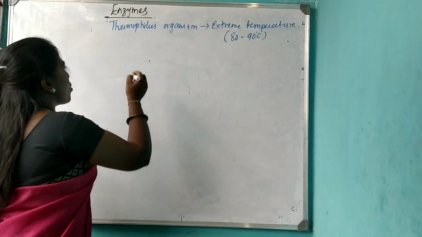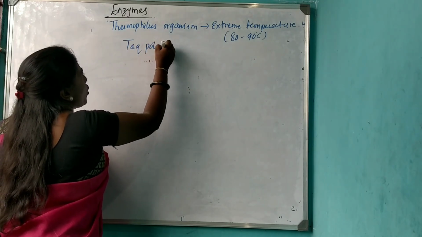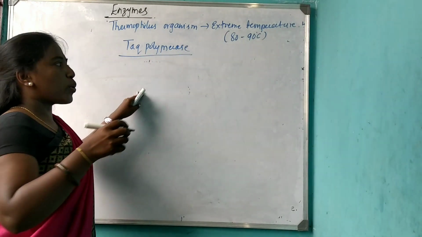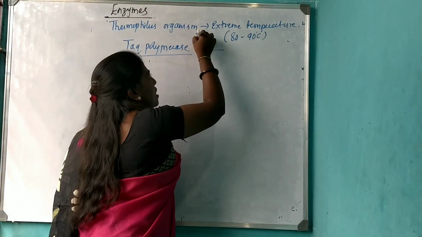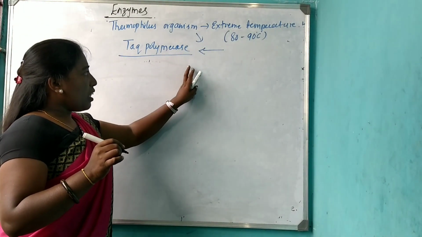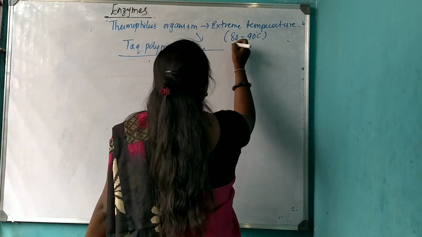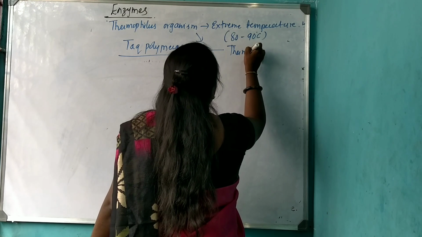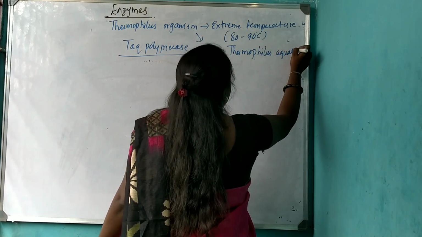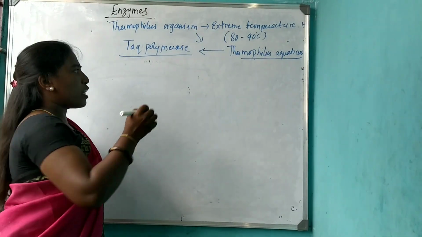That enzyme is called Taq polymerase. This Taq polymerase has been isolated from a thermophilous organism called Thermus aquaticus, an organism from which the Taq polymerase has been isolated.